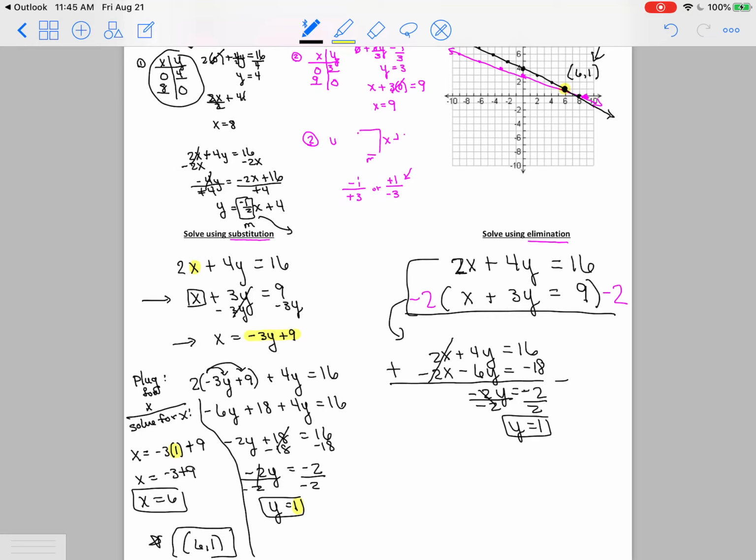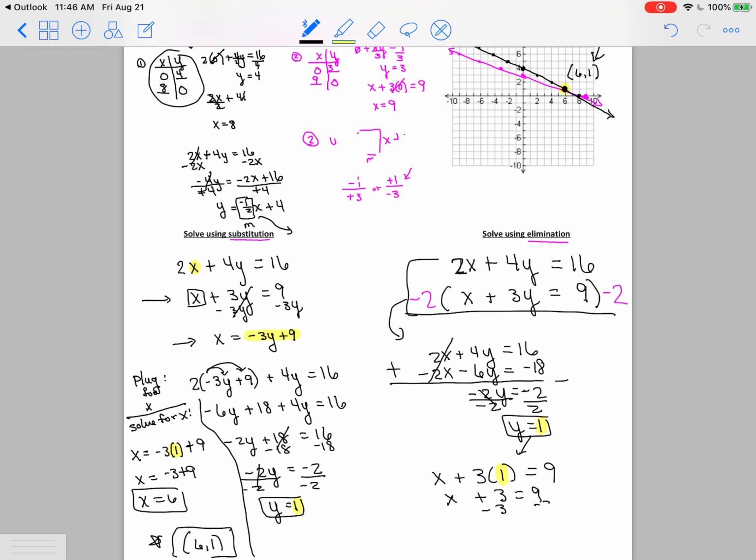Let's go back up to our original equation. I'm going to write out this second equation, actually. I'm going to plug this in, of course. That's what we're doing here. We need to solve for x. So we've got x plus 3 times 1 equals 9. Once again, just taking this value and sticking it in there. So x plus 3 is equal to 9.